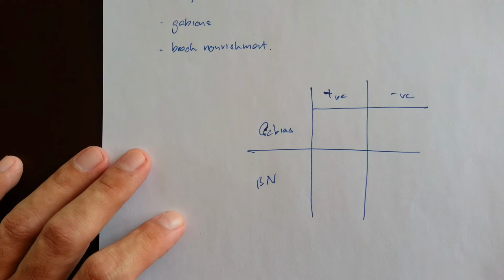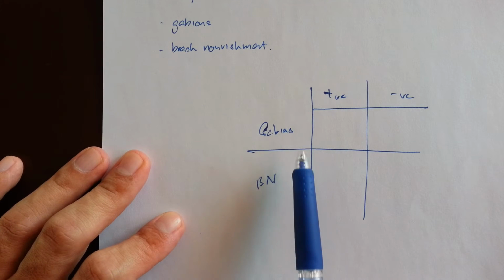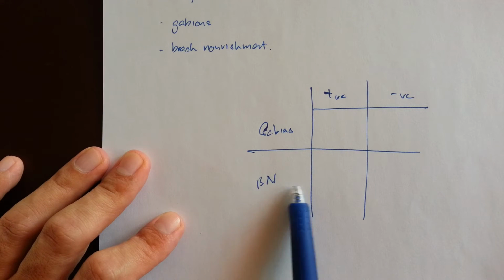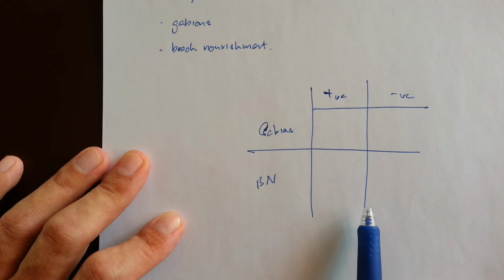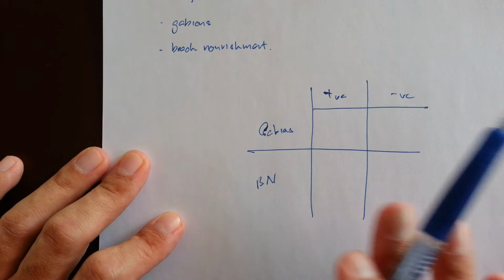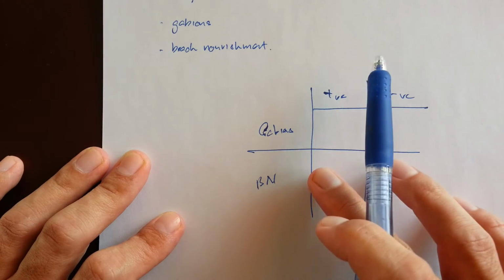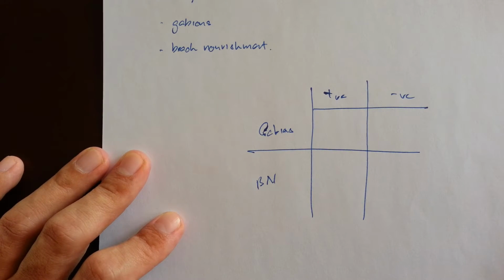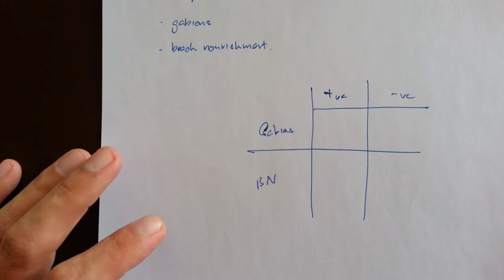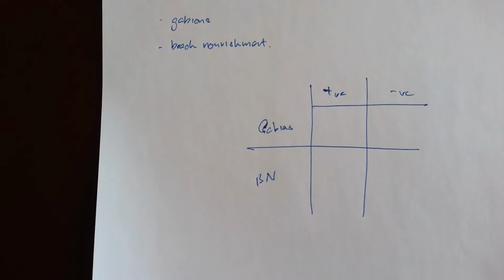So in the column to the left, put gabions and beach nourishment. And then you fill in the facts. Alright? And this is how you plan for the essay. Establish the two sides. Establish the factors.